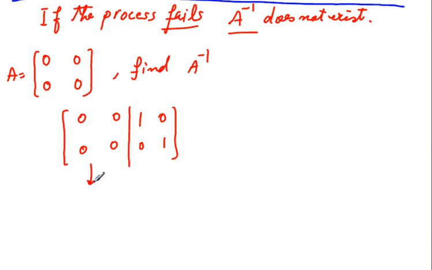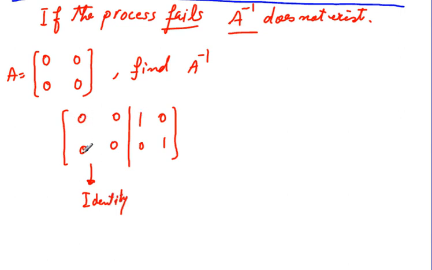Well, what is the objective of this process? The objective is to make this thing into identity. Is that right? The objective is to create ones in these locations. But is there anything I can do to create a 1 here? Well, if I exchange, it's still a 0. If I multiply it with anything, that's still a 0.